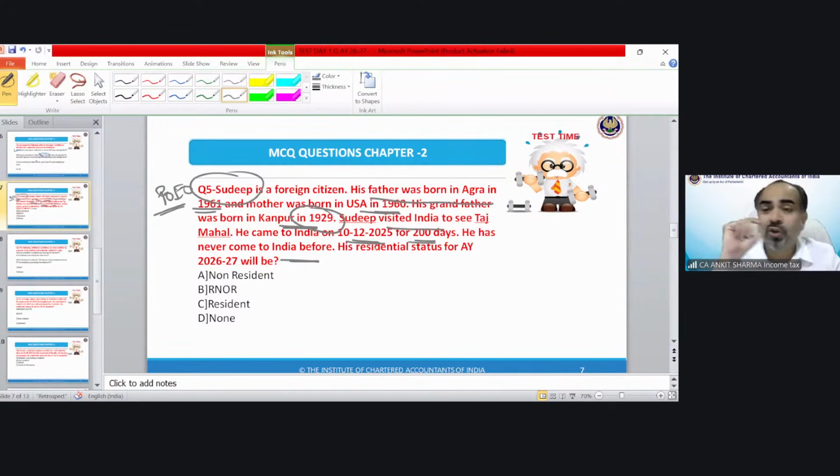So he's a person of Indian origin, and if a person of Indian origin comes to visit, there would be two categories applicable: the B case, second and third. Income information is not given, so we will not apply the third category. We will remain only with the second category. On the basis of B category second situation, is he satisfying this or not?